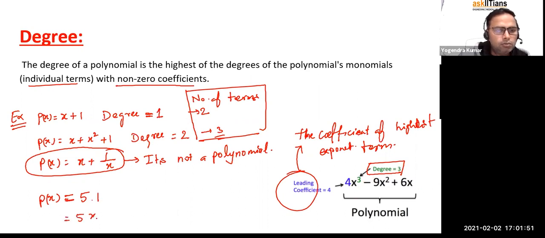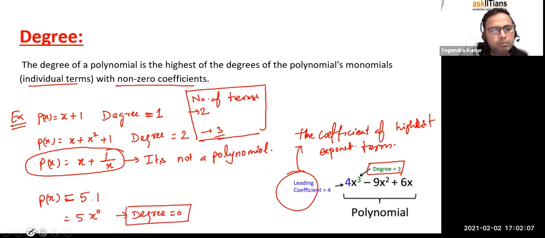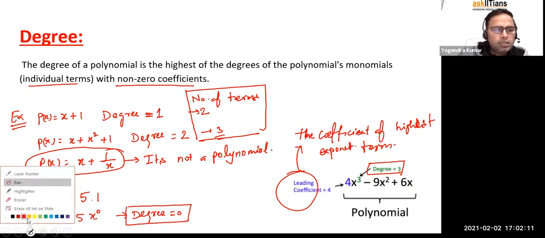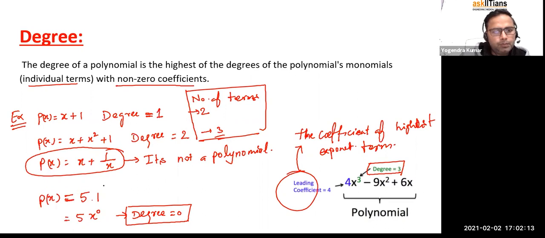So 1 into x power 0, and any variable to the power 0 is always 1. Any number to the power 0 is 1. So that's why we can say degree is 0. So there is a very important point here: the degree of a constant polynomial is 0.